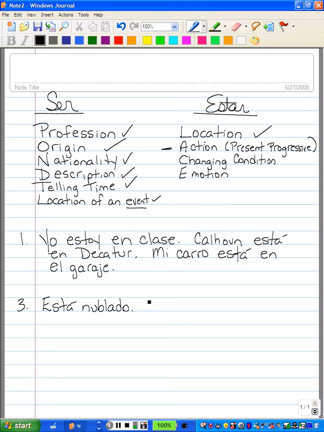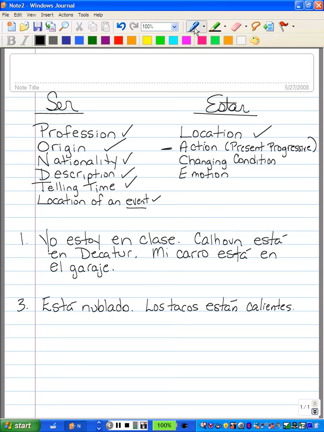You could say los tacos están calientes. It's a changing condition because the tacos are hot, but if you leave them sitting on your plate for a minute, they're going to be cold.